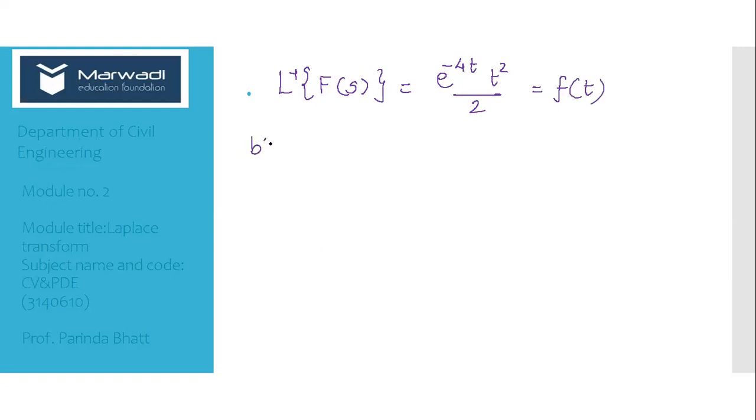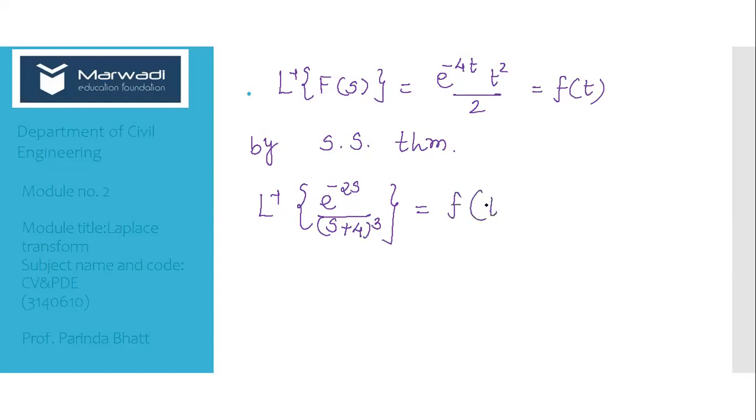Now, by second shifting theorem, Laplace inverse of e raised to minus 2s, multiplied by, divided by s plus 4 whole cube. Now, what is the value of a here? Ma'am, 2.